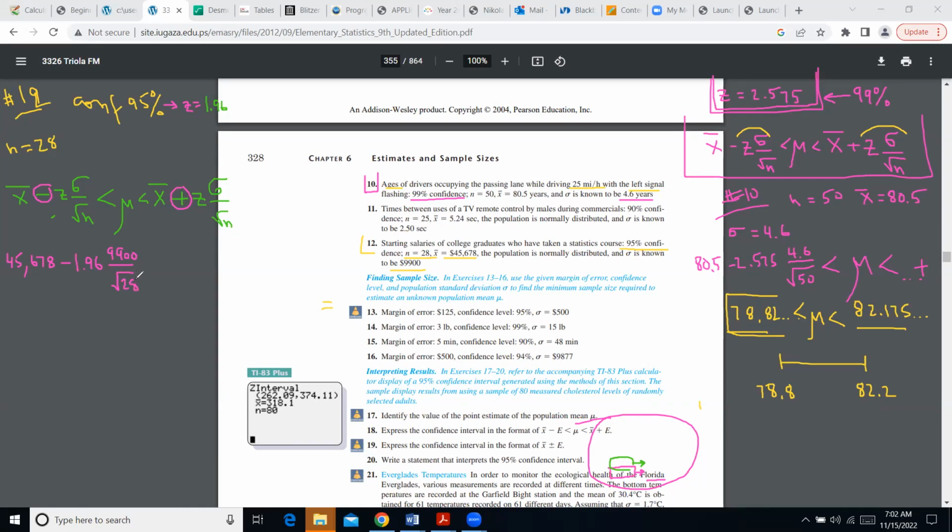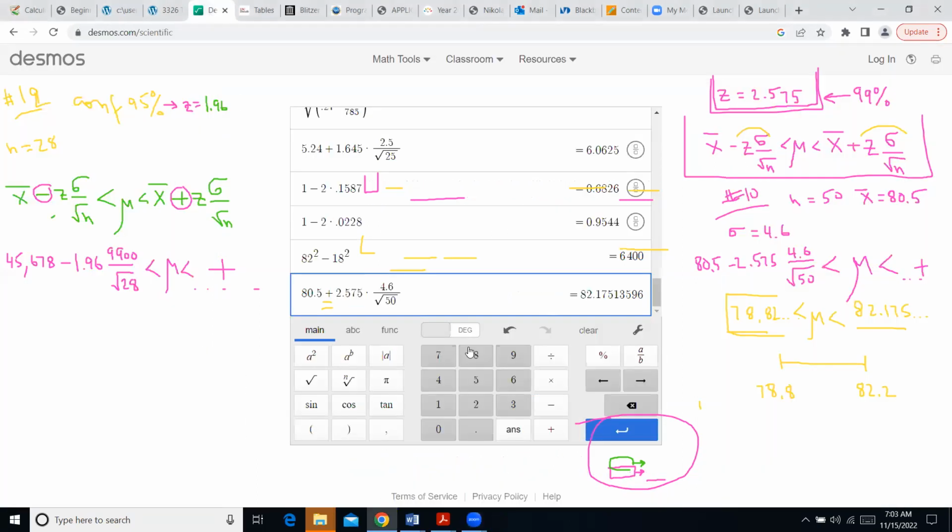So this is our left end, the lower side. And on the other side, we'll have the same exact numbers, but with a plus, so add them up.